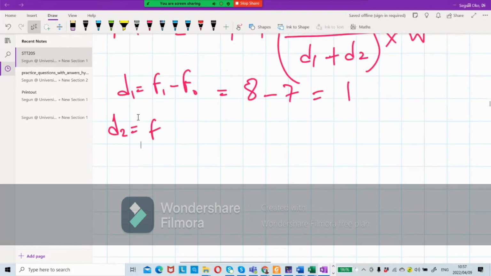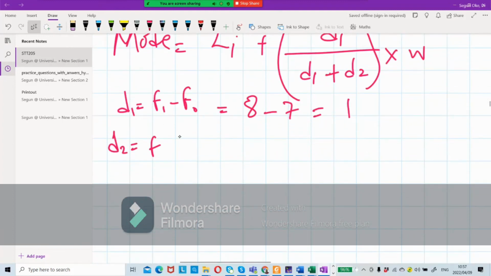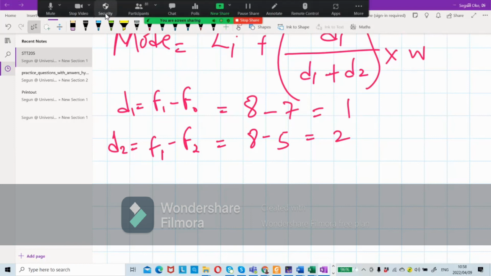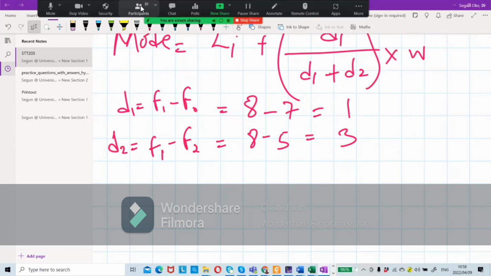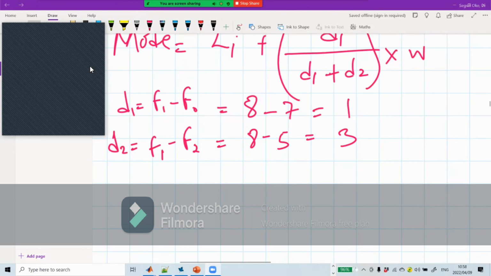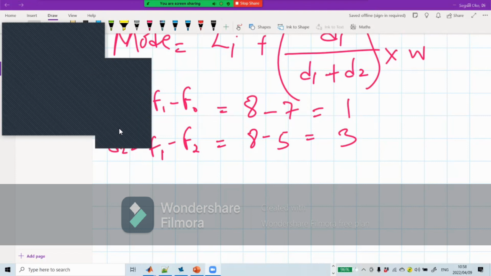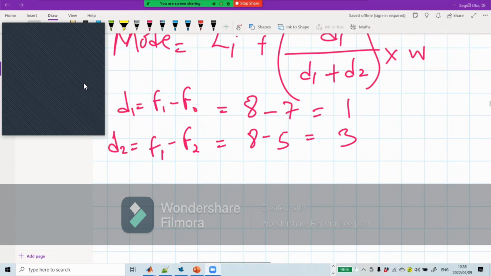What is D2? D2 is F1 minus F2. That's 8 minus 5. Please mute yourself, Madam Baby. So it's 3. I think it's 7 minus 5?